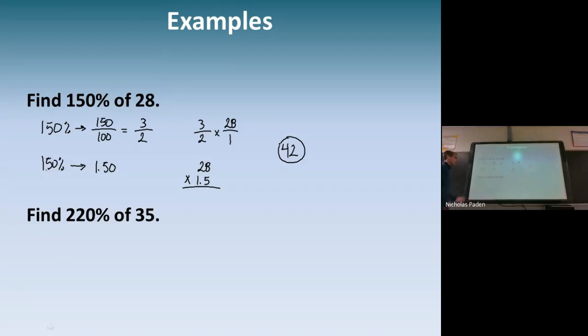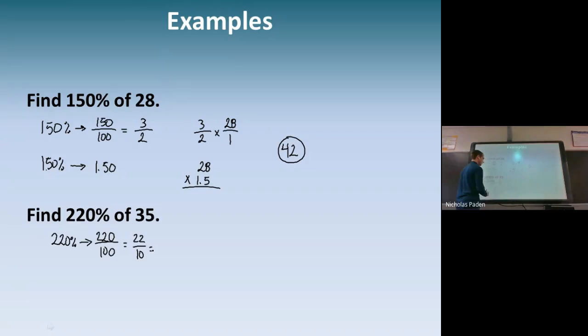Same thing for our next one. If you write 220%, choose to write it as a fraction. This might be a little bit tougher just because 220% doesn't simplify great with 100, but you can divide both of those by 10. You have 220 over 100, and you get 22 over 10.